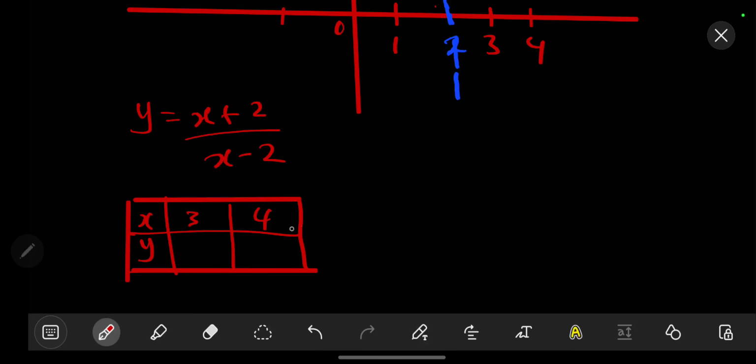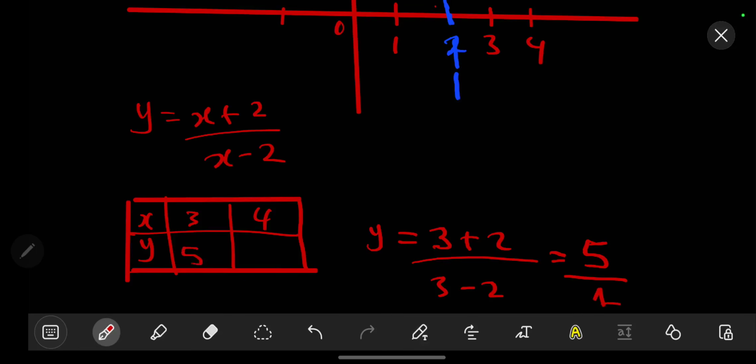Where there is x, we put 3. So y is equal to (3 plus 2) over (3 minus 2). This gives us 5 over 1, so the result is equal to 5.